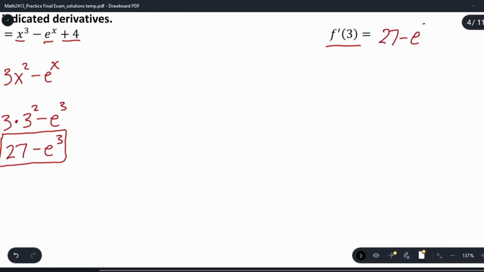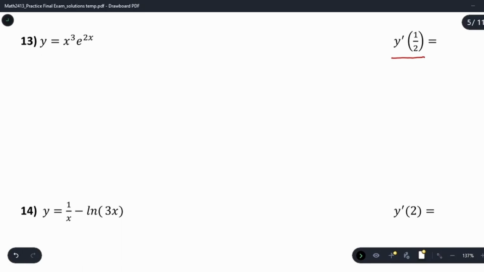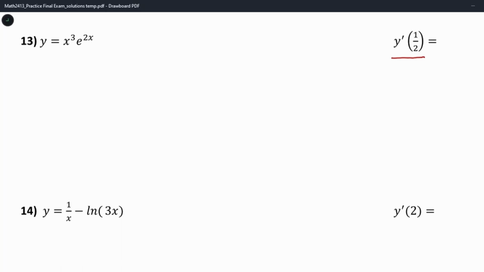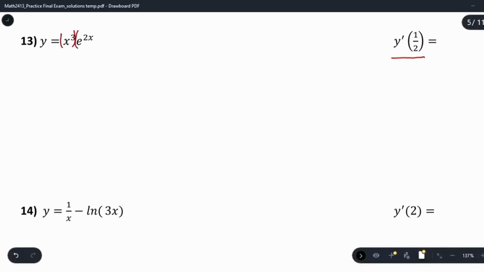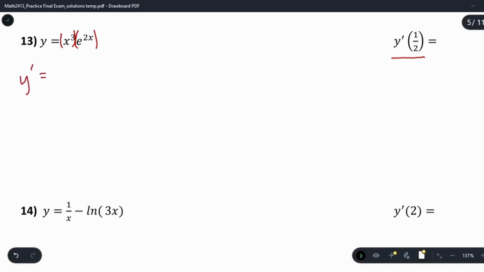27 minus e cubed. Next, number 13, we need to find the derivative evaluated at a half, and we have multiple x's. We've got x cubed times e to the 2x. That's going to require the product rule.